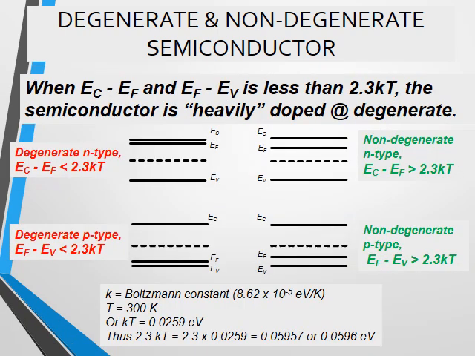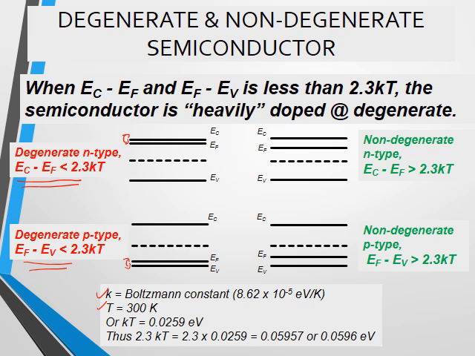So how do we identify if the material is a degenerate or non-degenerate semiconductor? From calculation, degenerate semiconductor is defined when the value of Ec minus Ef for n-type or Ef minus Ev for p-type is smaller than 2.3 kT. Here k is the Boltzmann constant with a value of 8.62 times 10 to the power of minus 5 electron volt per Kelvin. T is 300 Kelvin, or kT is 0.0259 electron volt.